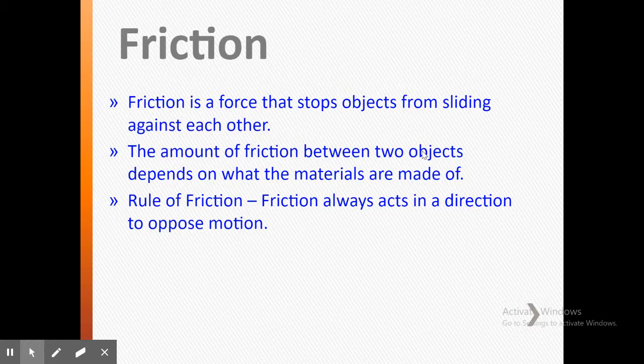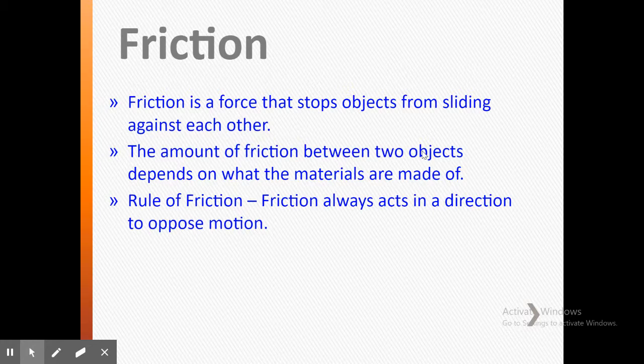So if you're pushing something right, the friction is acting to the left. If you're moving something along your table, the friction is pushing backwards against you. Say you move your hand against the top of the table. The friction is actually pushing in the opposite direction. So that is friction.